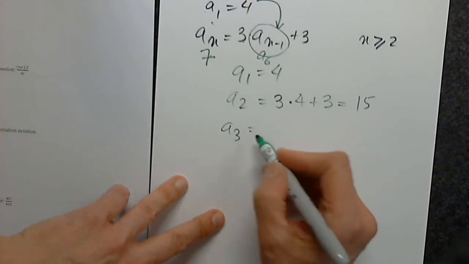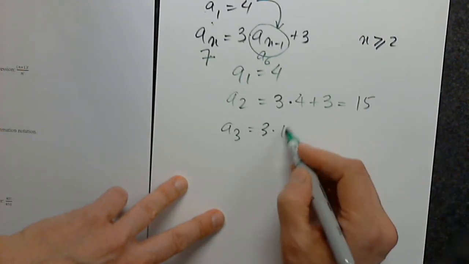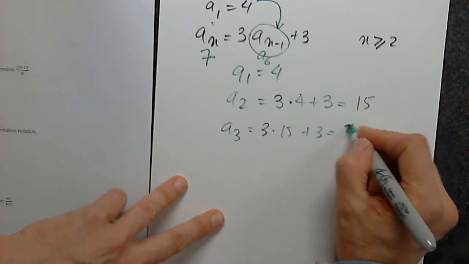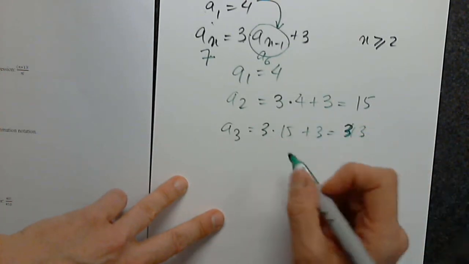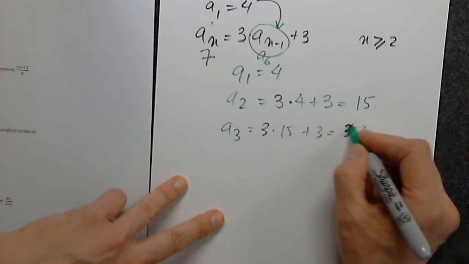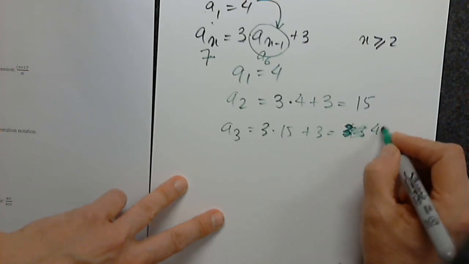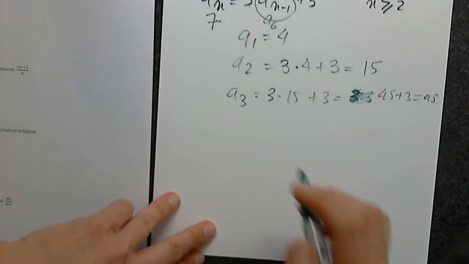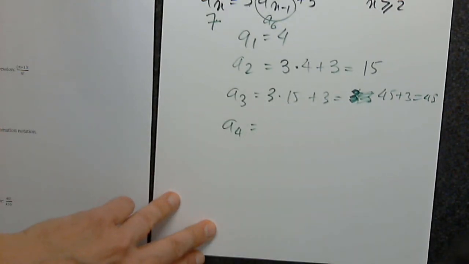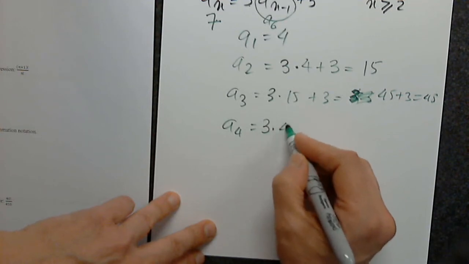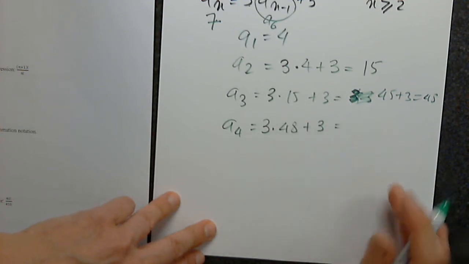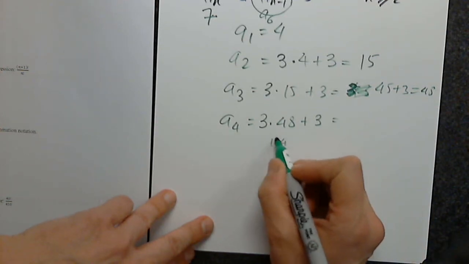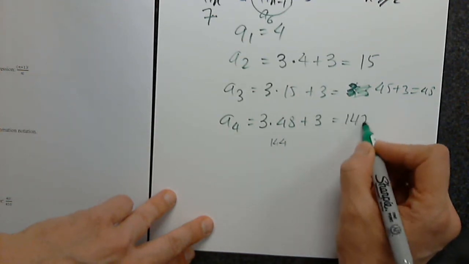Now a sub 3 will be 3 times the previous term plus 3, which will be 45 plus 3, which is 48. And then the last one that I need to determine, I can go on forever, will be 3 times 48 plus 3. 144 plus 3, 147.